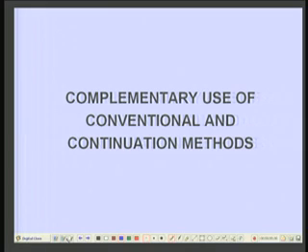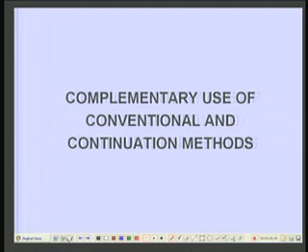Now, the problem here is that should we use the continuation load flow algorithm right from the beginning, or should we use it when we reach near the critical point? The answer is obviously you first solve this problem by normal conventional load flow.